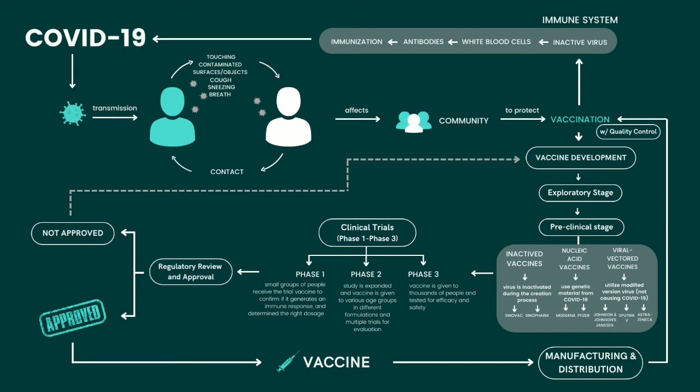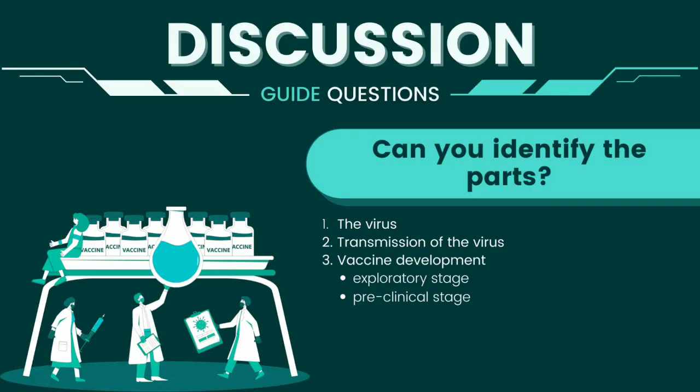Meanwhile, the nucleic acid vaccines are those that use COVID-19 genetic material, which gave rise to Moderna and Pfizer. The viral vectored vaccines, on the other hand, produce Johnson & Johnson, Sputnik V, and AstraZeneca by using a modified version of a virus that is not the virus that causes COVID-19.